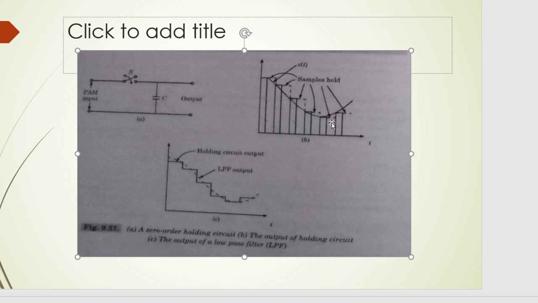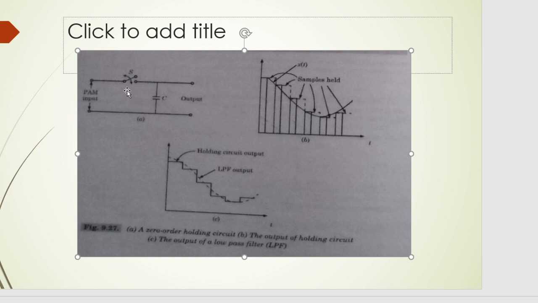So this is our PAM waveform. We are applying this PAM waveform across the two input terminals. Okay. So during T on, when it is on or high value, the switch S will be closed. So what happens to the capacitor? Yes, of course, the capacitor will charge. Okay. And for the next time slot, this waveform is 0.